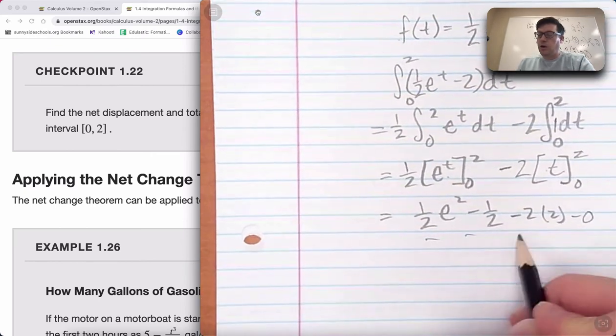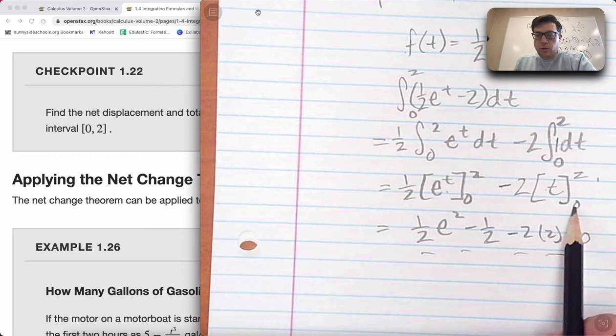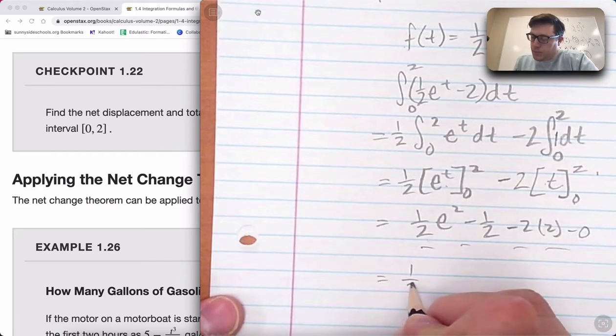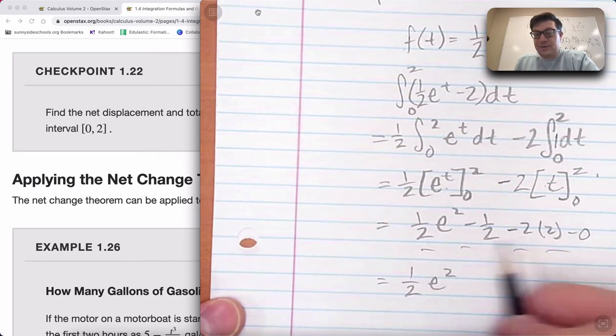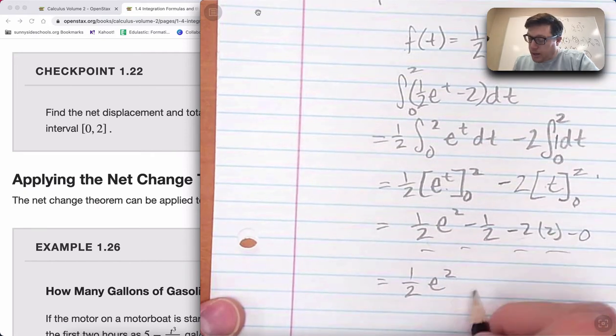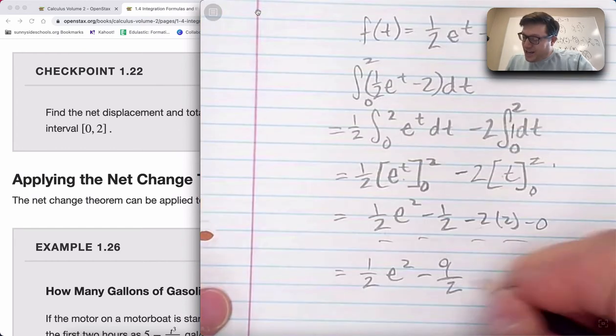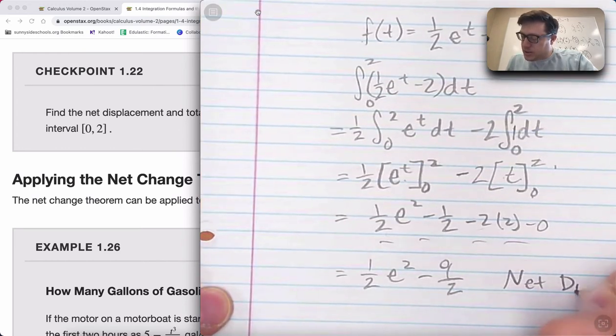There's all 4 parts for 4 evaluations. And then 1 half e squared, I guess that'd be 4 and a half, 9 halves, minus 9 halves. There we go. That's our formula. There's some really fun things we could do with that, not the point of this video. This is net displacement.